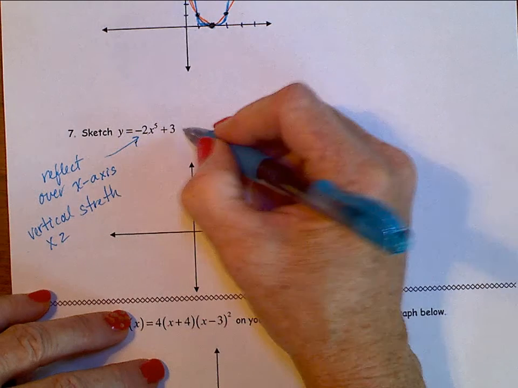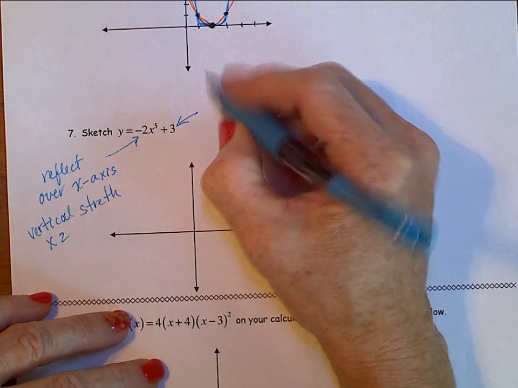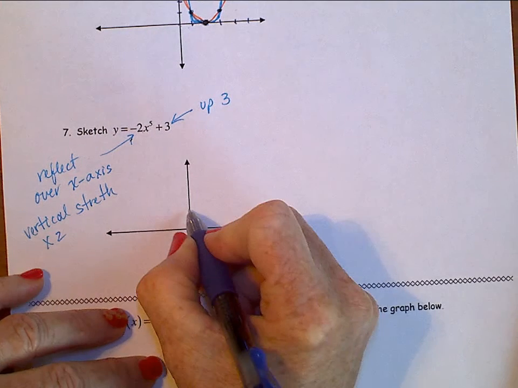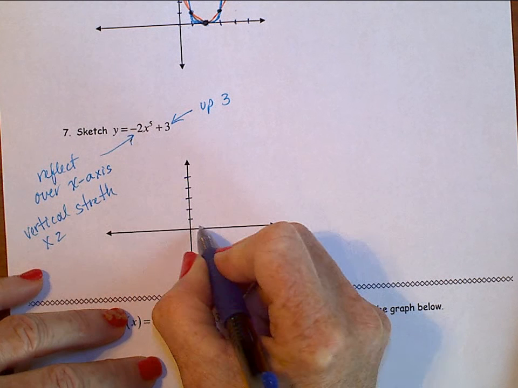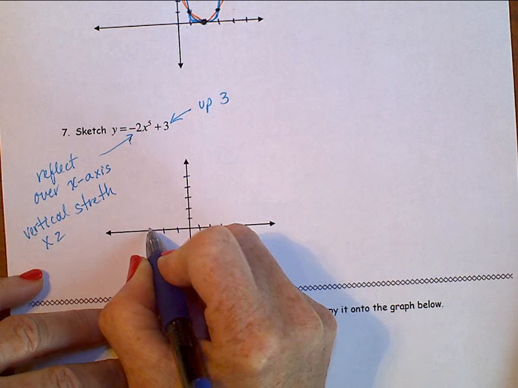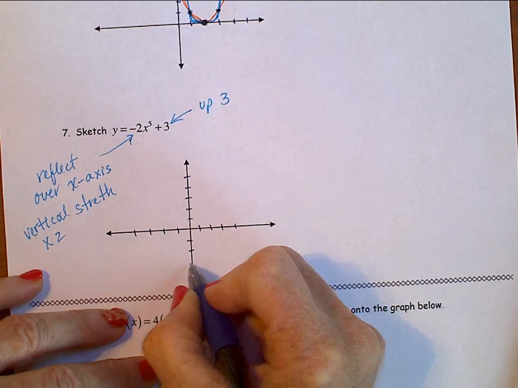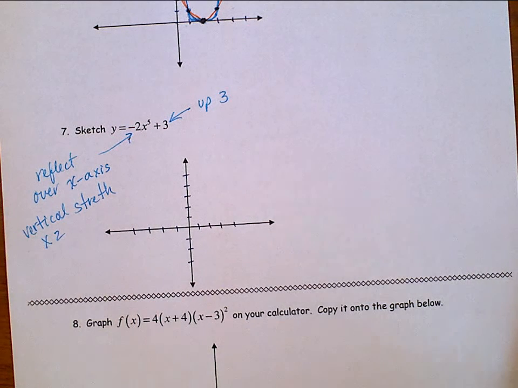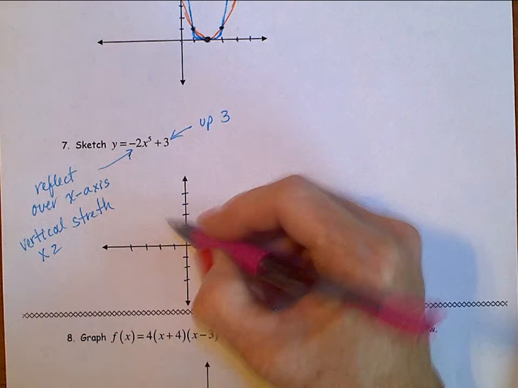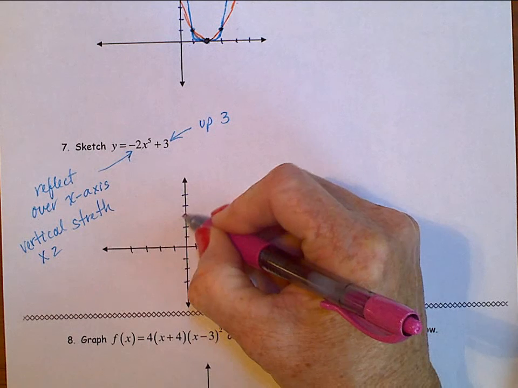And we're going to shift up 3. Sketching this graph up 3, so we're going to hit right here.